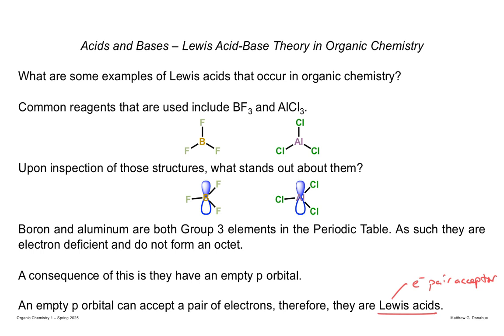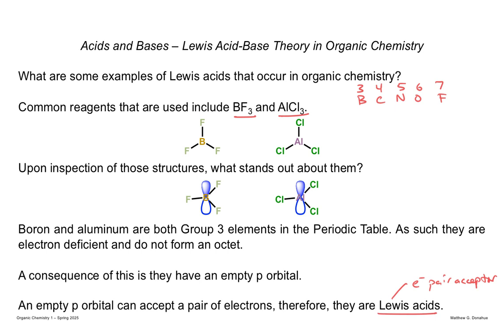I'm showing you two reagents on this slide, boron trifluoride and aluminum trichloride. In the periodic table, we have boron, carbon, nitrogen, oxygen, fluorine. And remember the groups go down, so this is group 3, 4, 5, 6, and 7.